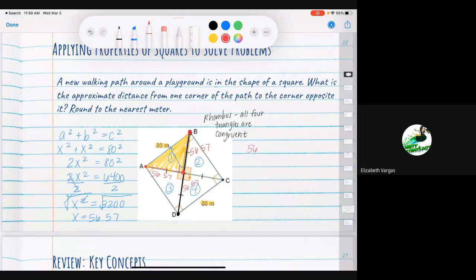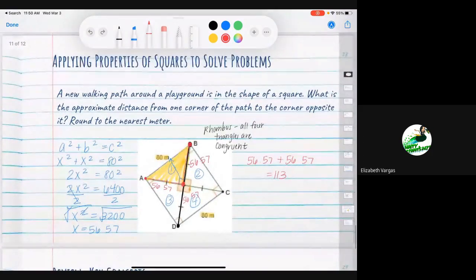So we would do 56.57 plus 56.57 equals 113. So that is the distance from one corner to the other corner. Okay, so this is just an example of how we could use the different relationships to solve a problem.